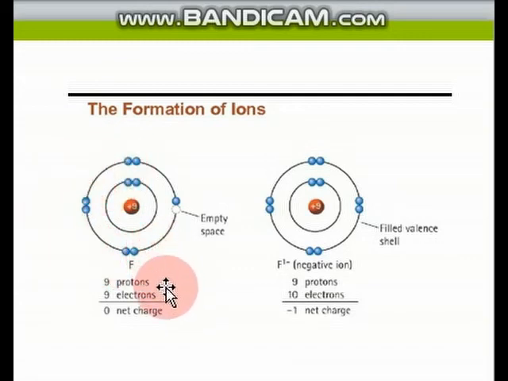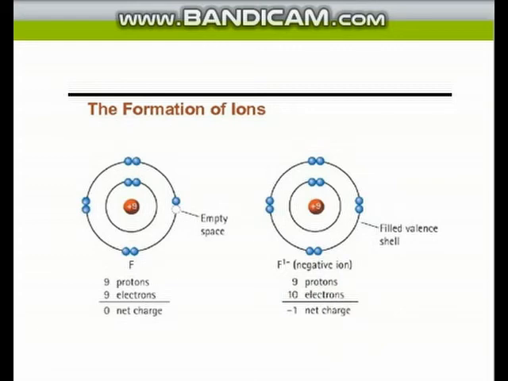So fluorine has 9 protons, 9 electrons. That makes its net charge 0 because it will cancel out. But here, when the 9 protons are here, we've added 1 electron to it to make its shell completely full. So it makes its net charge become negative 1. So that makes this particular material an anion.